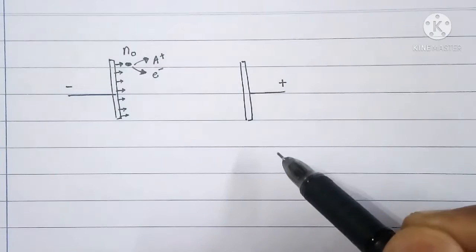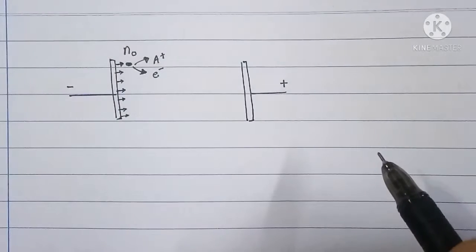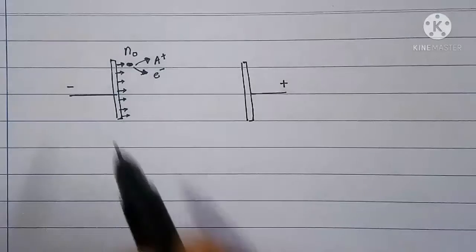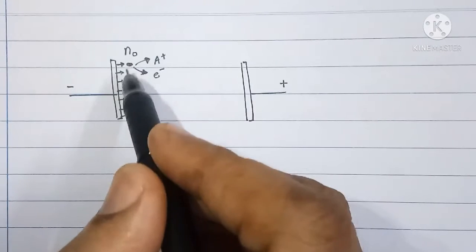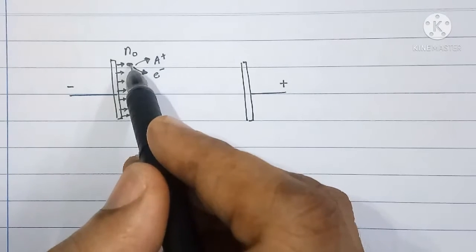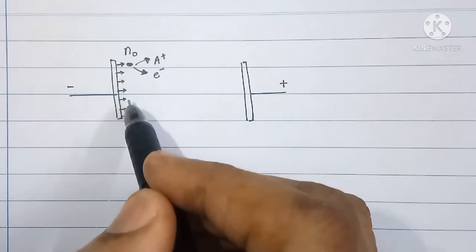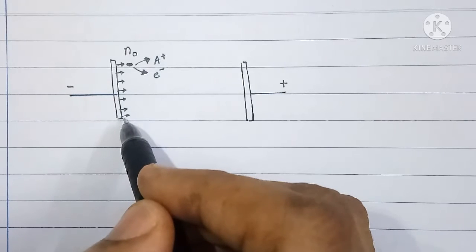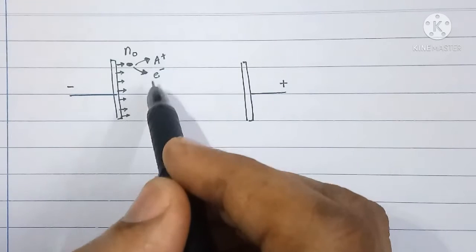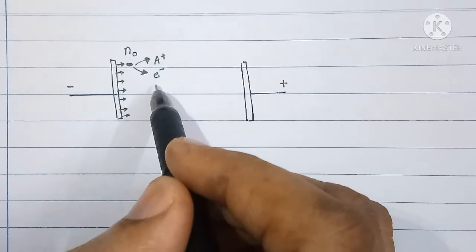I will just brief what we learnt in the Townsend's first ionization coefficient. At cathode, n naught number of free electrons were emitted, and those n naught number of electrons collided with n naught number of atoms at the cathode and released n naught number of ions, that is positive ions, and n naught number of electrons.